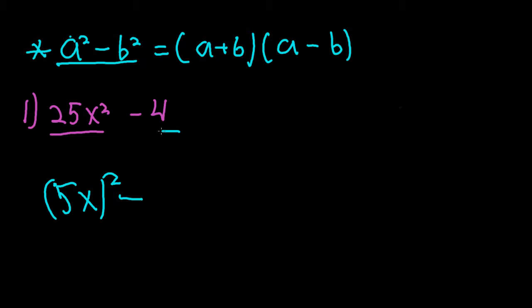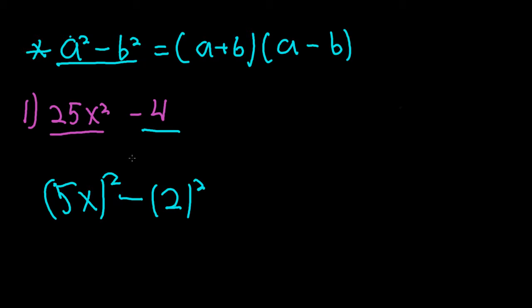Now I'll look at my b term, my b squared. I note that 4 is equal to 2 squared, so I can write minus (2) squared. Again, this is just another way of rewriting our original problem.